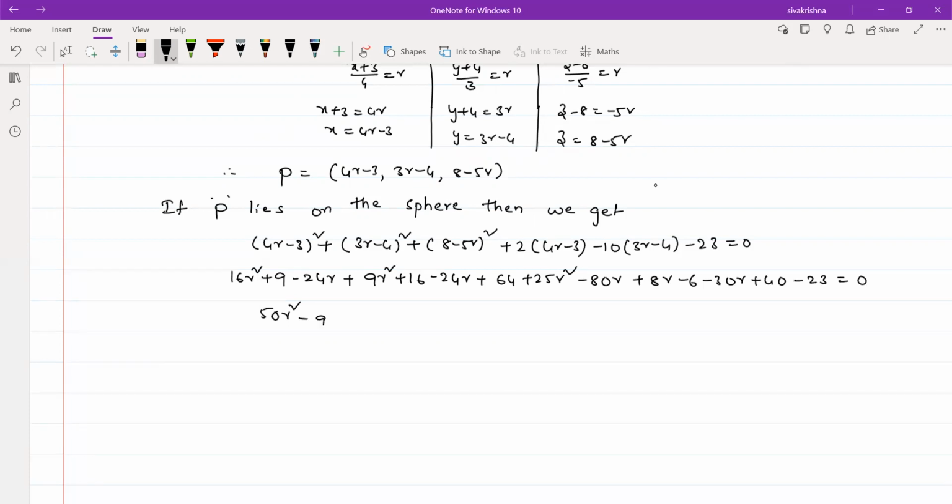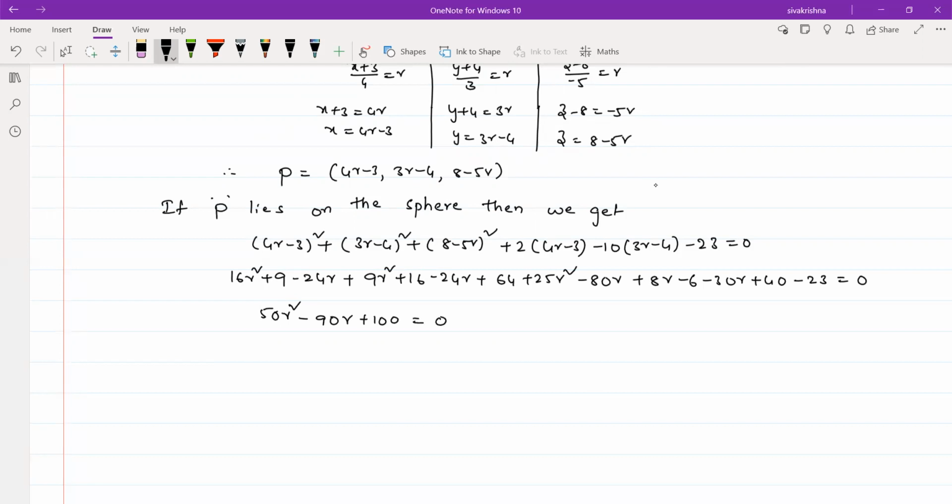So minus 90r. Coming to the constants, 9 plus 16 is 25, 25 plus 64 is 89, 89 minus 6 is 83, 83 plus 40 is 123, 123 minus 23 is 100. So plus 100 is equal to 0.